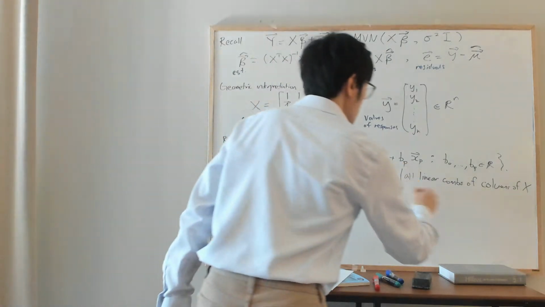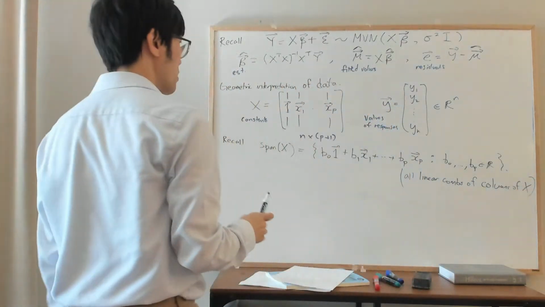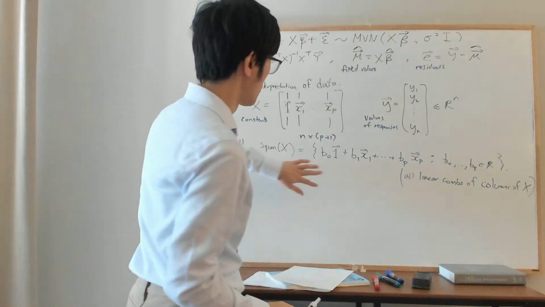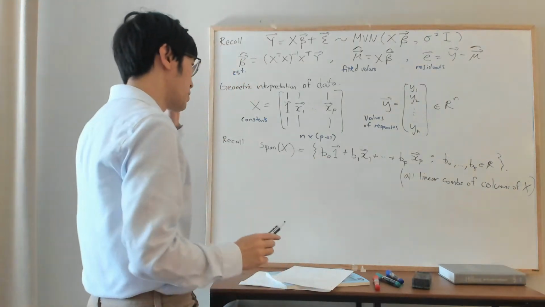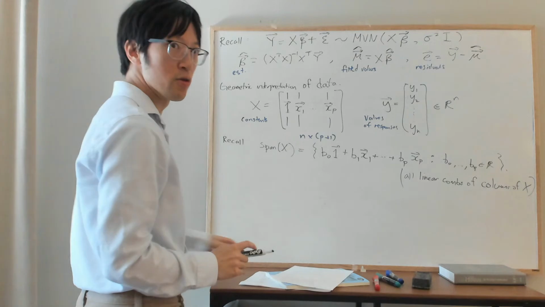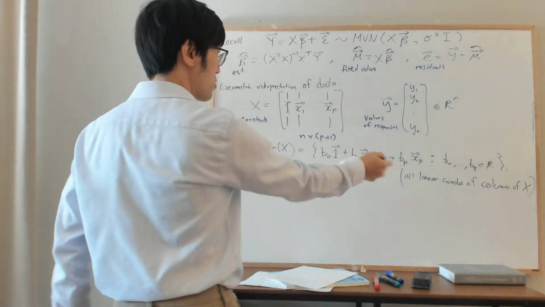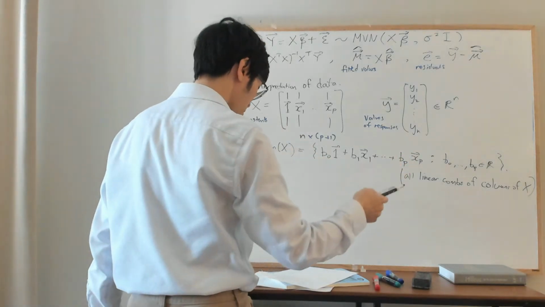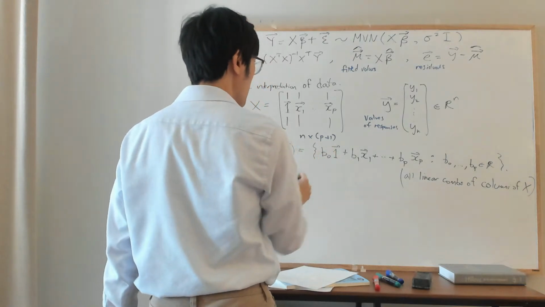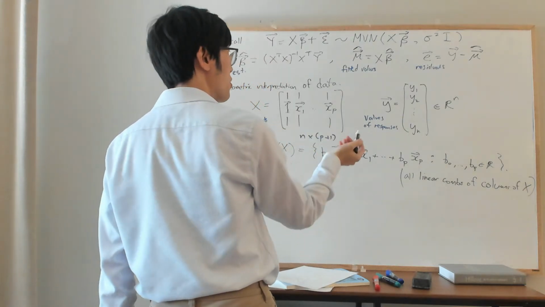Okay, so this is the set of vectors represented by the span. And so, well, what is this? Well, this is a subspace of Rn.